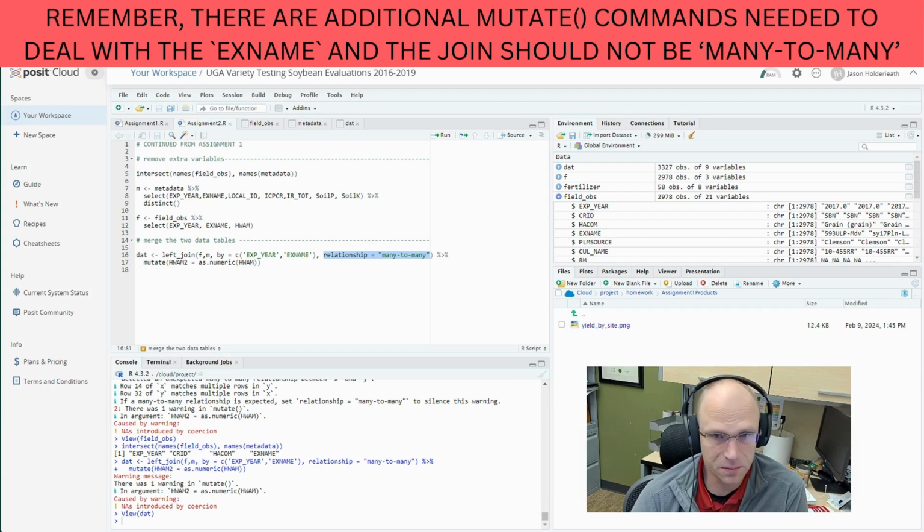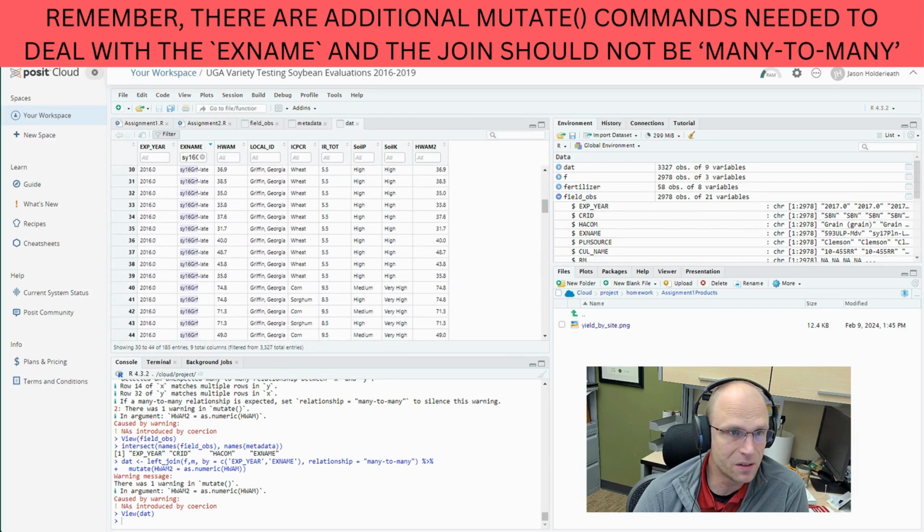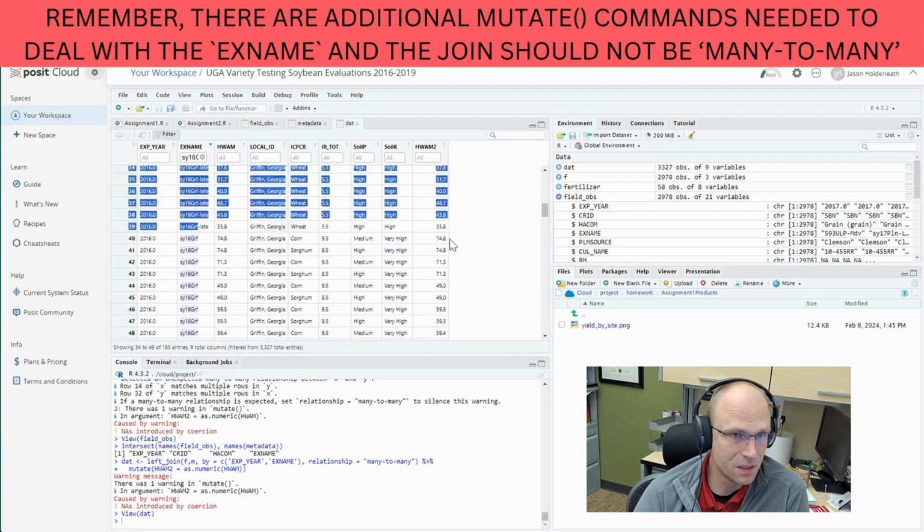But it's classroom, so we're able to skip some steps like that. So we're going to set many-to-many, and if you run that, what you find is that it alternates.